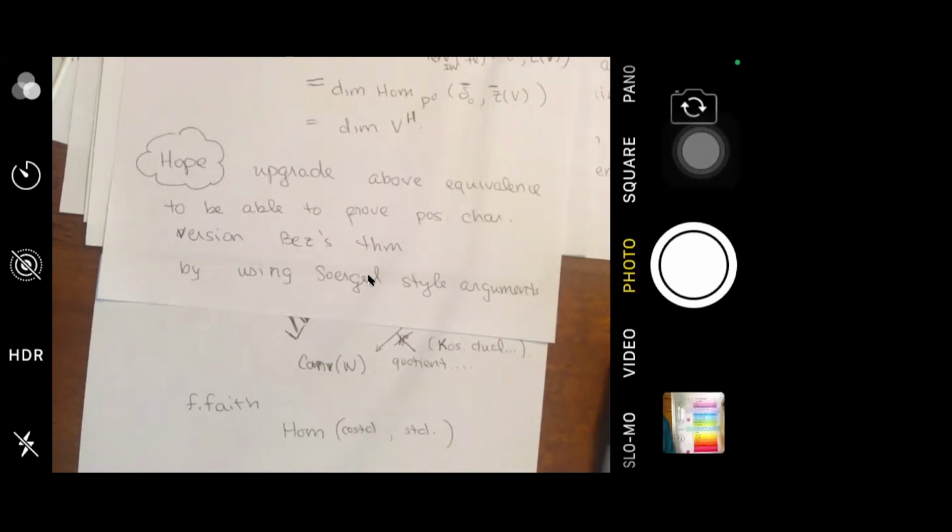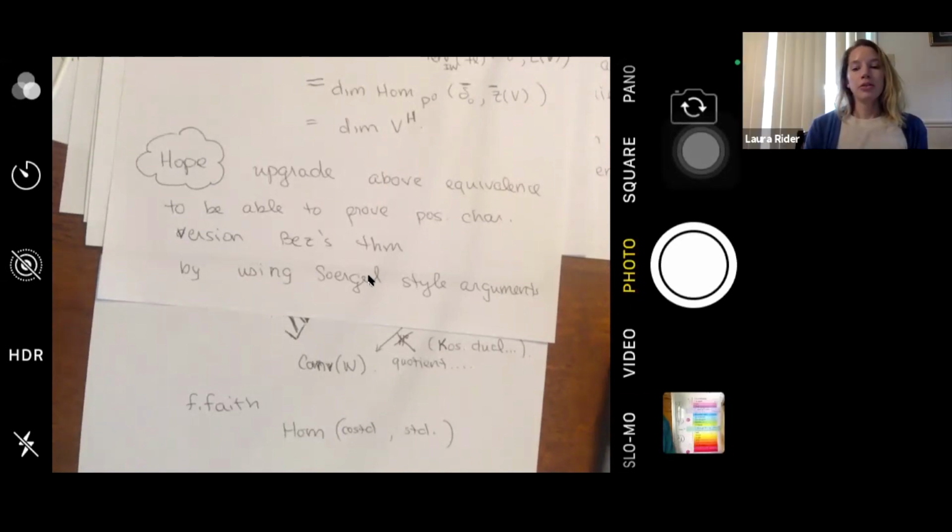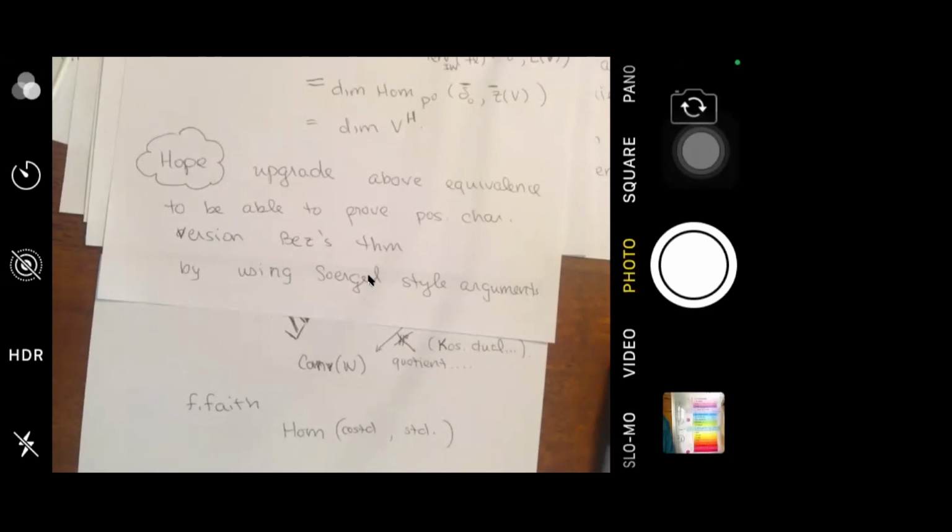This is a little bit of a side question, but is there a version of derived Satake equivalence in characteristic P? Do you mean derived Satake? Yeah, maybe considering derived loops in G or BG.